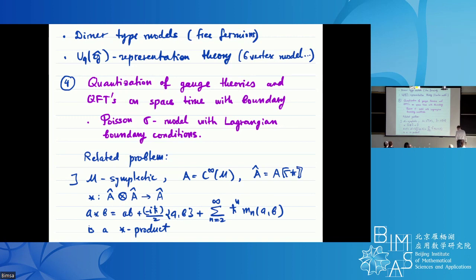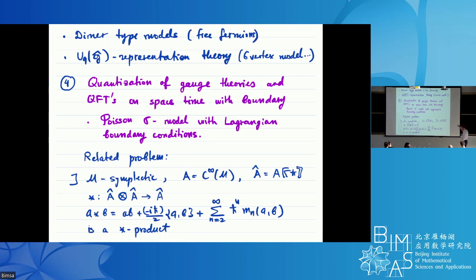So there is a long history there. Bayen, Flato, Sternheimer kind of initiated this work, and then there is a steady flow of work in algebra, in homological algebra, sorting out various algebraic techniques, whether such a product exists for symplectic manifolds or not.